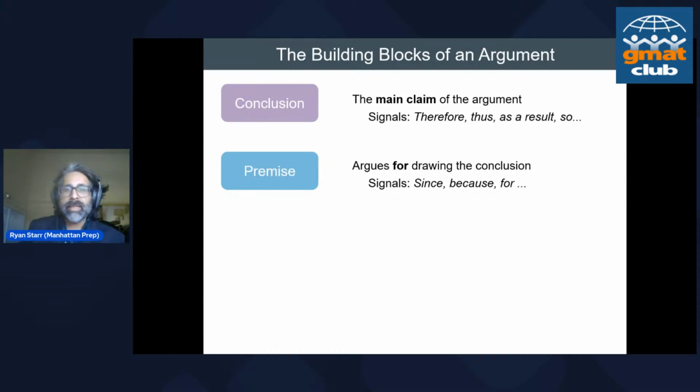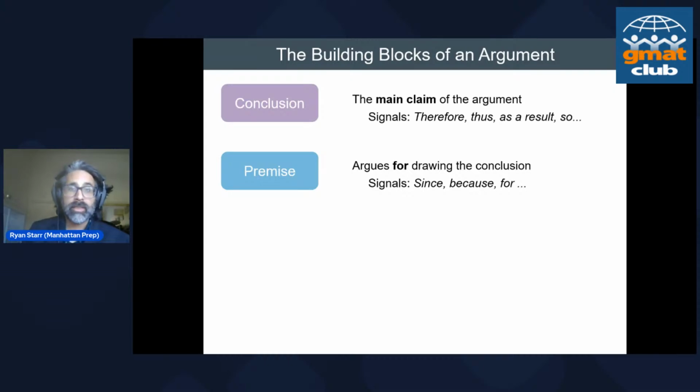You go to somebody and just tell them your opinion on something. You haven't made an argument. You've just made a statement at that point, right? But if you back up that opinion with some reasons or some evidence, now you've made an argument. And that is how basically all of these arguments are going to go, again, with the exception of inference questions, which we are going to see in just a little bit.